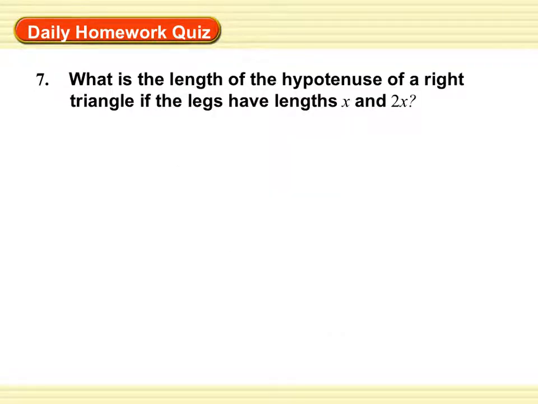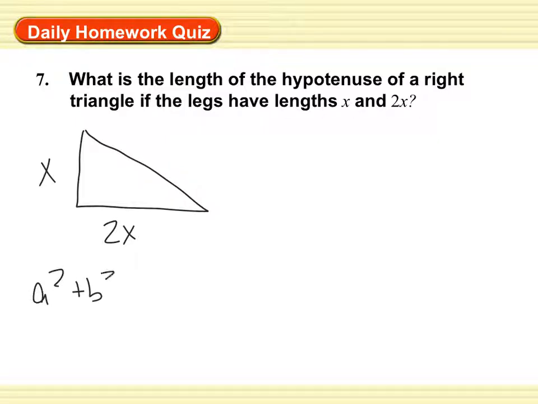Length of the hypotenuse of a right triangle, if the legs are x and 2x. If you remember, it's a squared plus b squared equals c squared, where that's our hypotenuse.